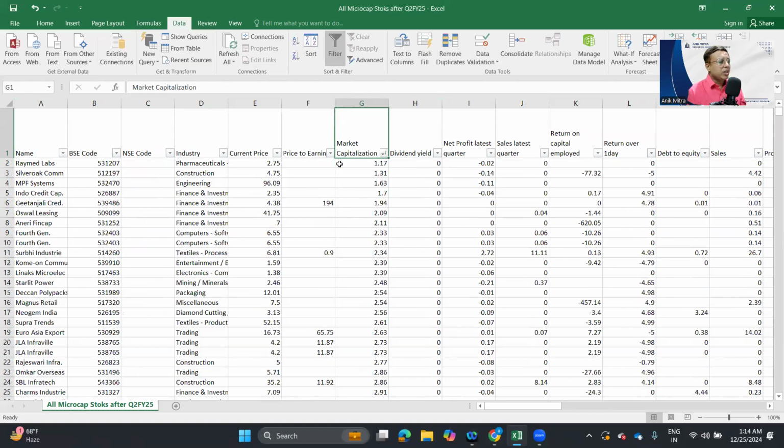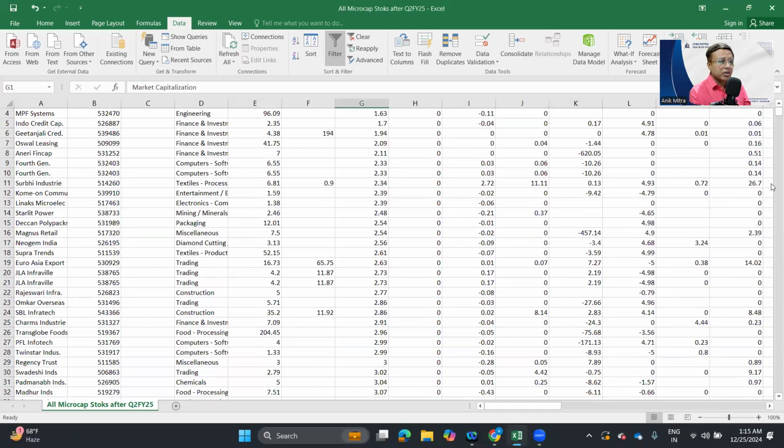Microcap stocks are those with a market cap of less than 1000 crore, so I will try to find stocks where market cap is less than 1000 crore.